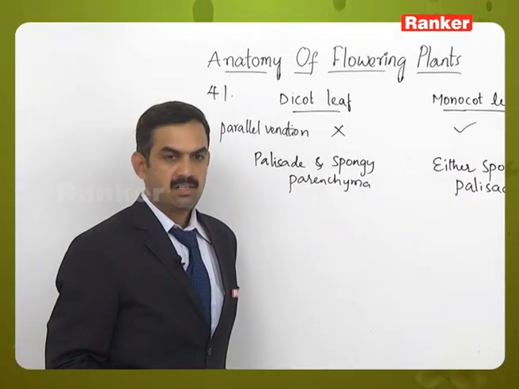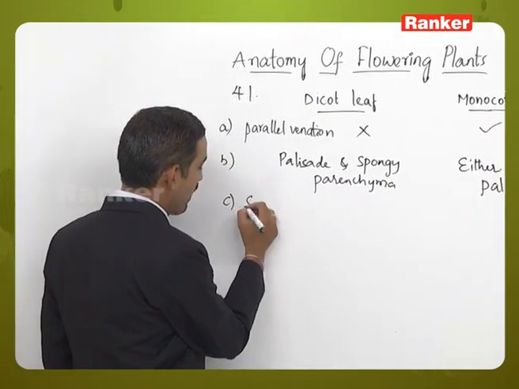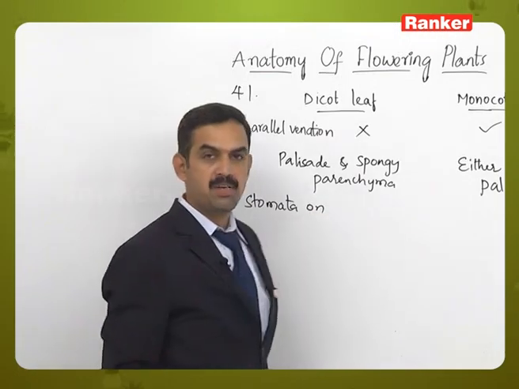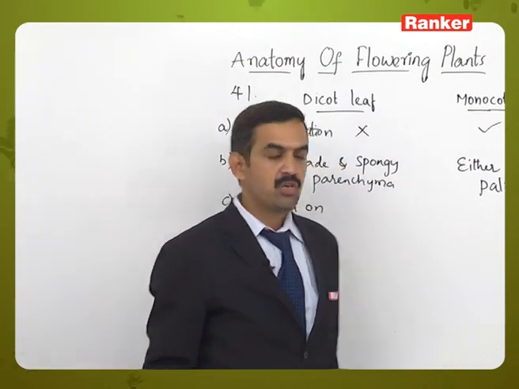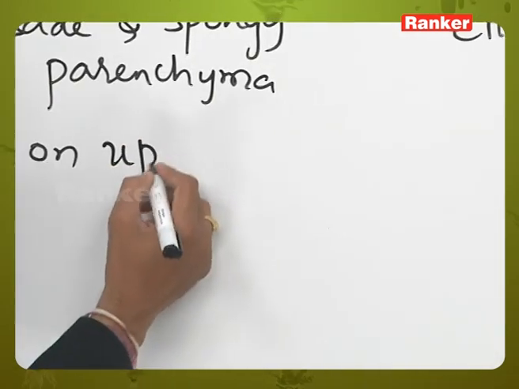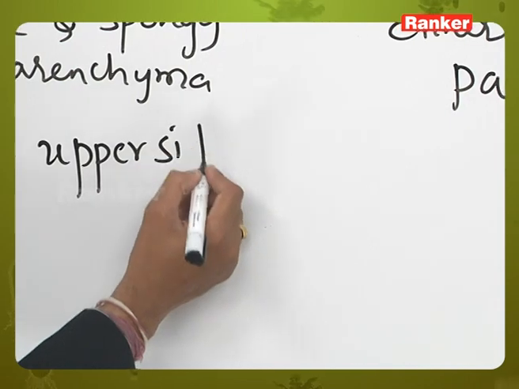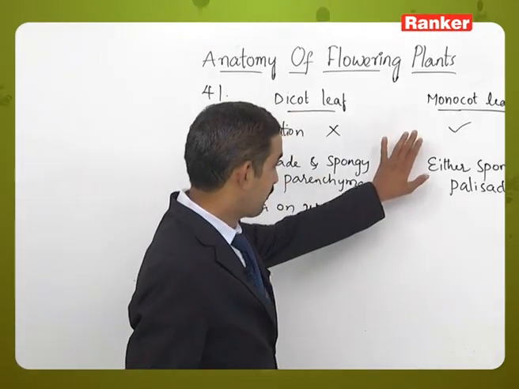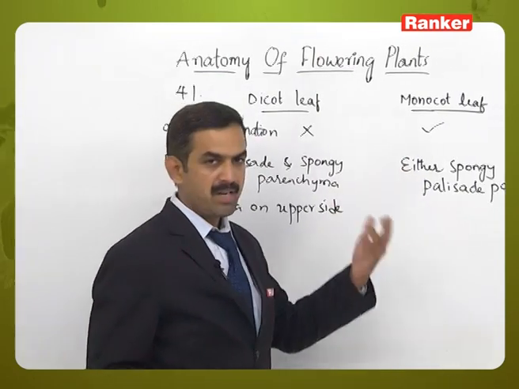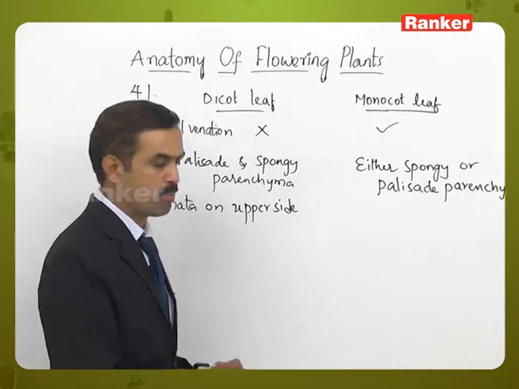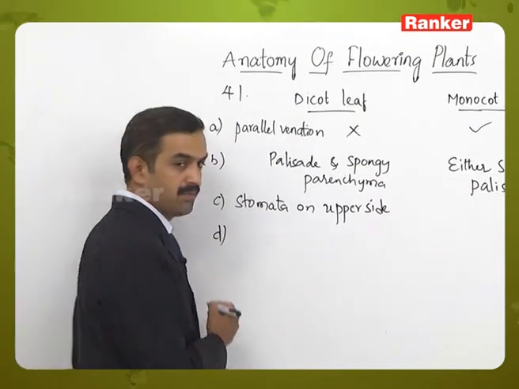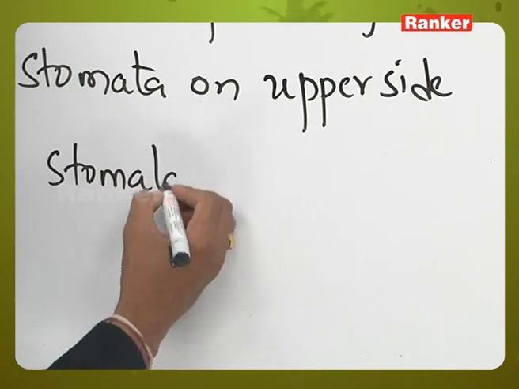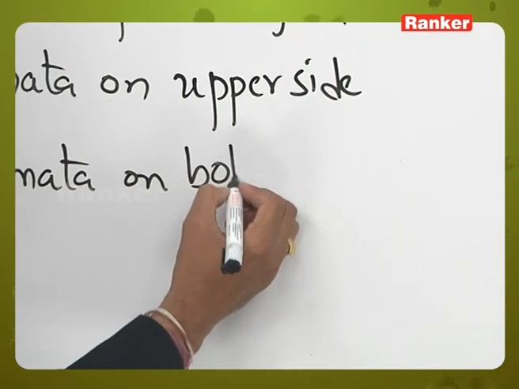And let us see C, that is stomata on the upper epidermis. Generally in the majority of monocots the stomata number will be less in the upper epidermis and more on the lower epidermis. Of course, in monocots we can also see the presence of stomata on the upper epidermis. And D, that is stomata on both the epidermal layers.